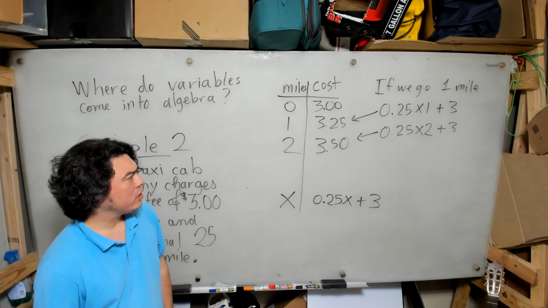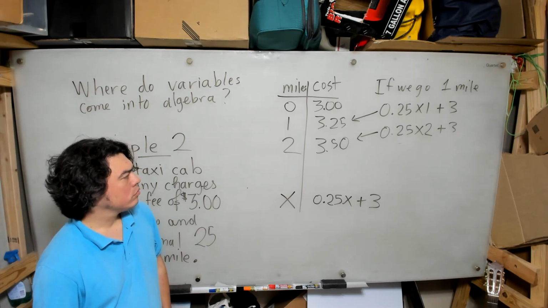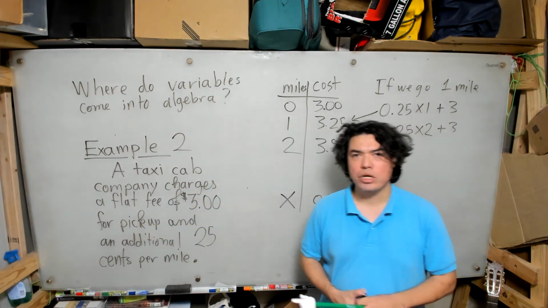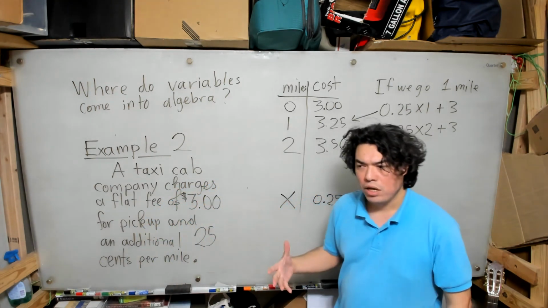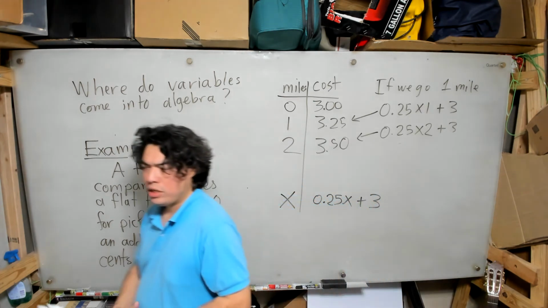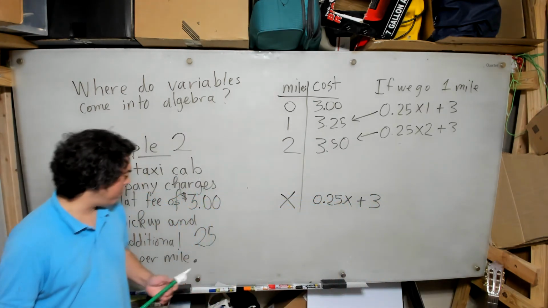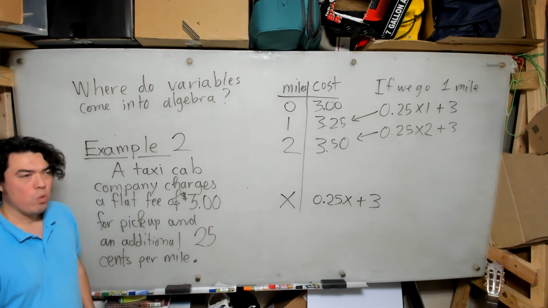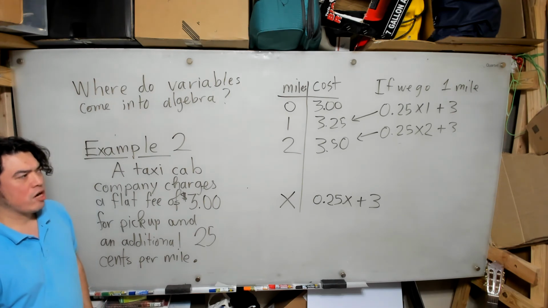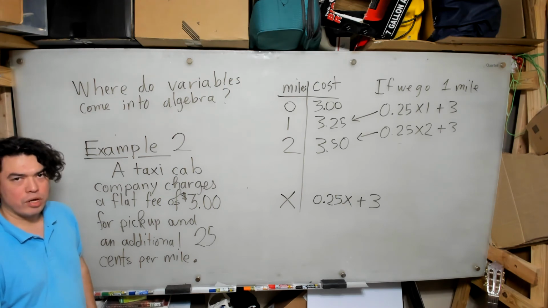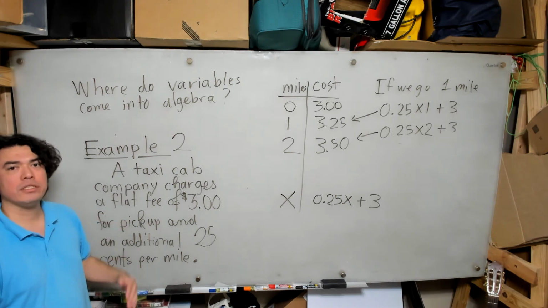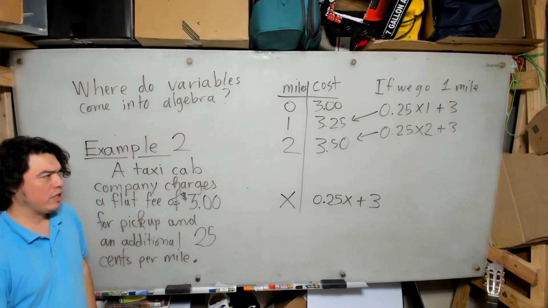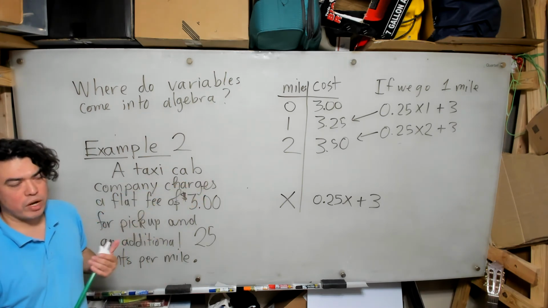And what else do I want to say about this? Oh, yes. Again, this goes to what I was saying earlier. What we learned in terms of arithmetic in elementary school is perfectly satisfactory when all the problem parameters are known. I'm going to drive 15 miles. How much will my taxi cab cost? Well, I can calculate it like I did for this table, right?